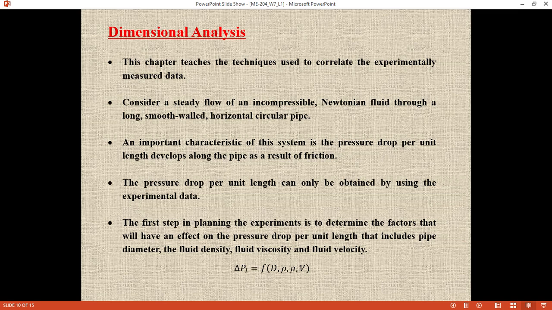So if you are doing this test in the lab or in a wind tunnel, to achieve the real life condition, first of all you have to find out the variables on which the drag force or the pressure drop in pipes depends.